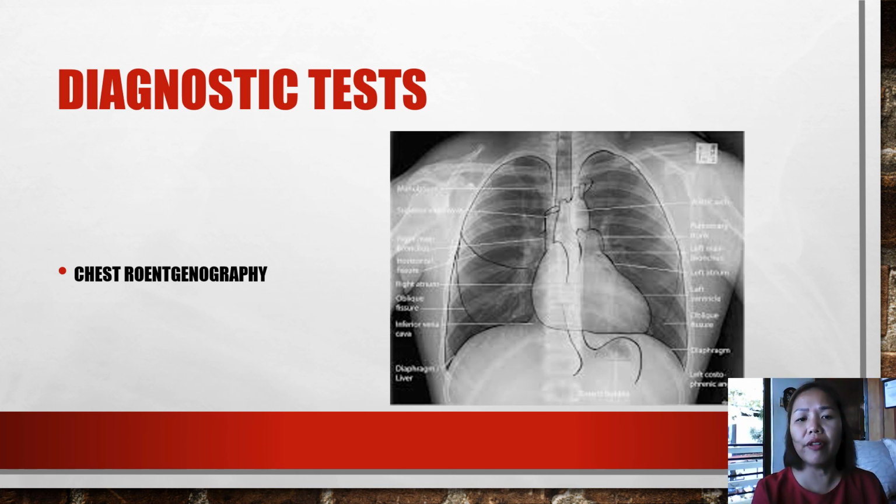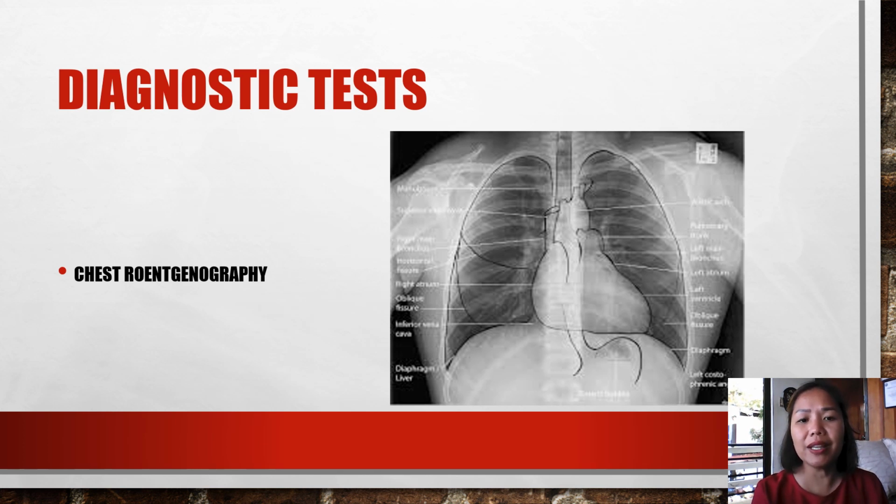The left border of the cardiac shadow consists of three convex shadows produced by the aortic knob, the main and left pulmonary arteries, and the left ventricle. The left atrial appendage is between the pulmonary artery and left ventricle.